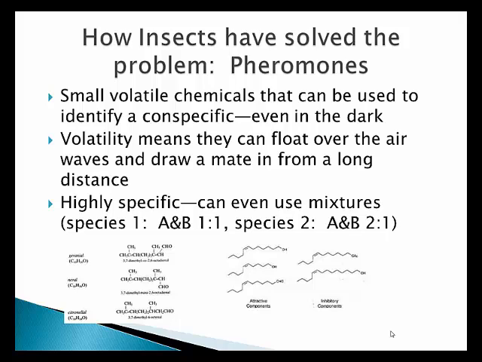Species A, for instance, might use chemicals 1 and 2 in a pheromone mixture in a 1-to-1 ratio, whereas a related species, species B, might use the same 2 chemicals but in a different ratio, maybe a 1-to-2 ratio. And this ensures that only conspecific potential mates are attracted to one another.